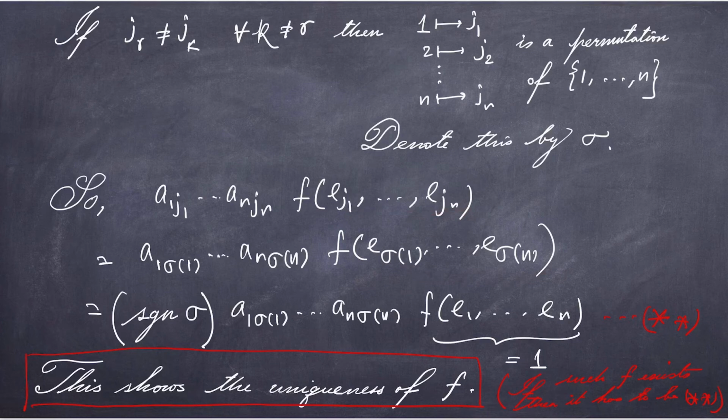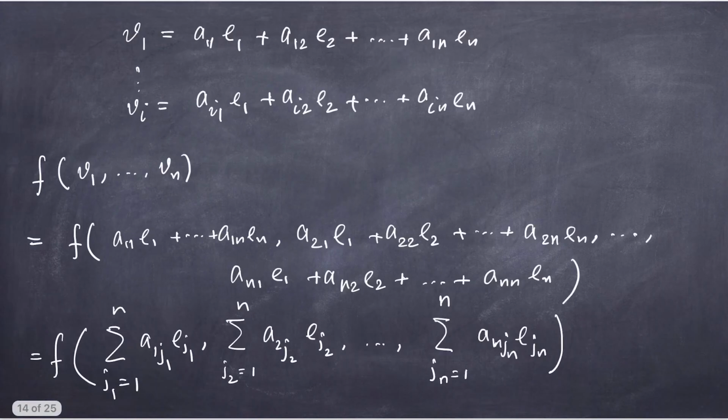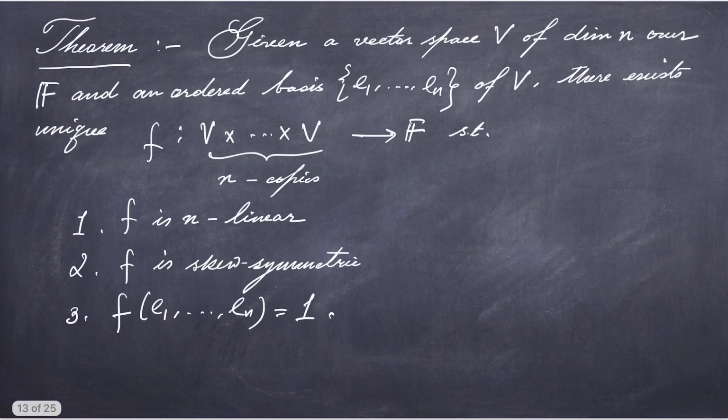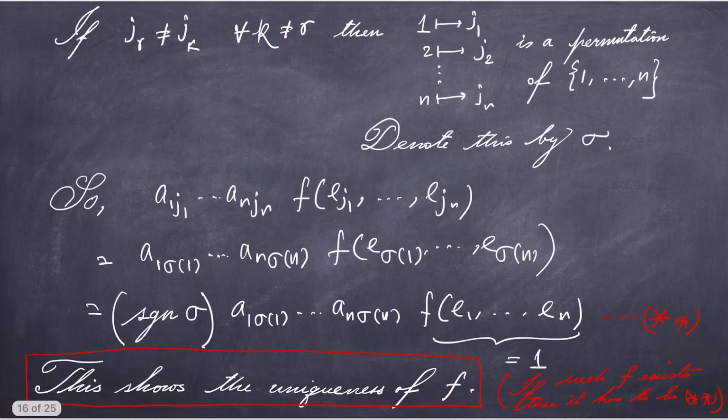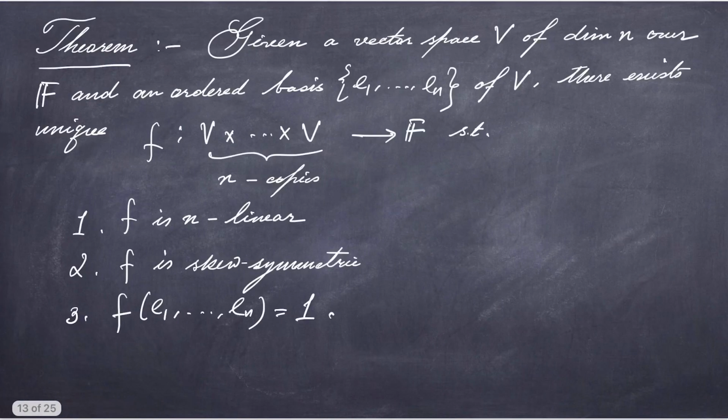From the skew symmetry of f, we see that this is nothing but sign of sigma times this, times f of (e1, ..., en). Further, we remember that the f which we would like to construct must have this property. Therefore this term does not play any role. It becomes 1.